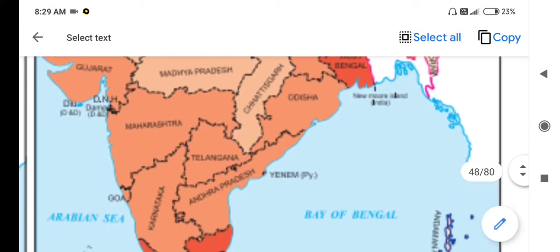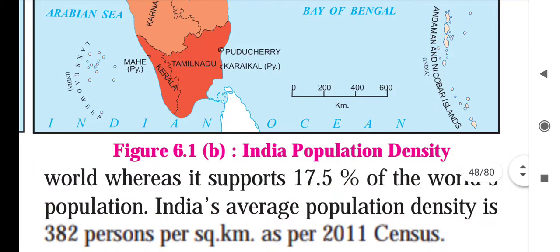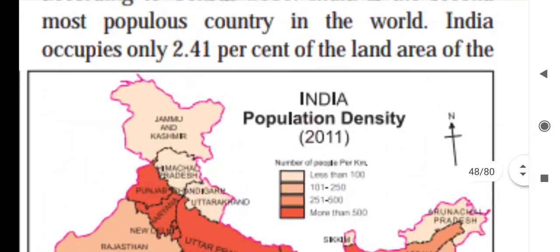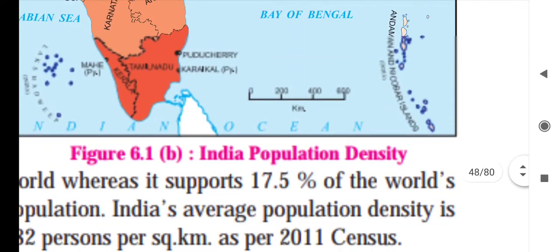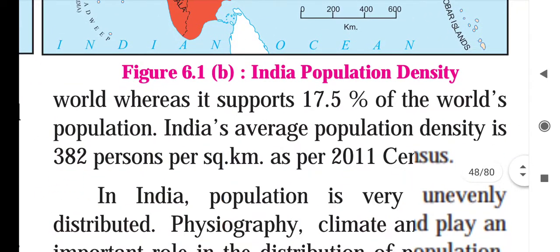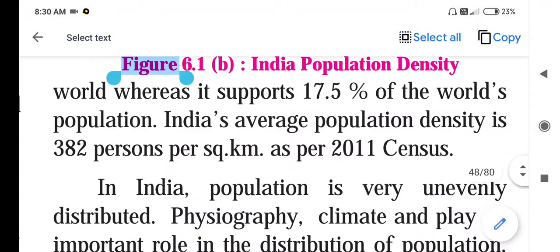And the population share is 17.5%. So land is 2.41% and population is 17.5%. Due to this, our population density is 382 persons per square kilometer as per the 2011 census. So, okay.